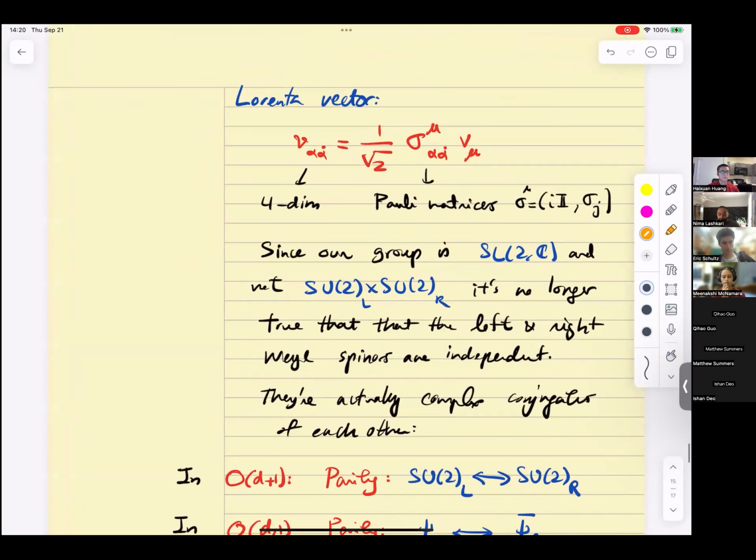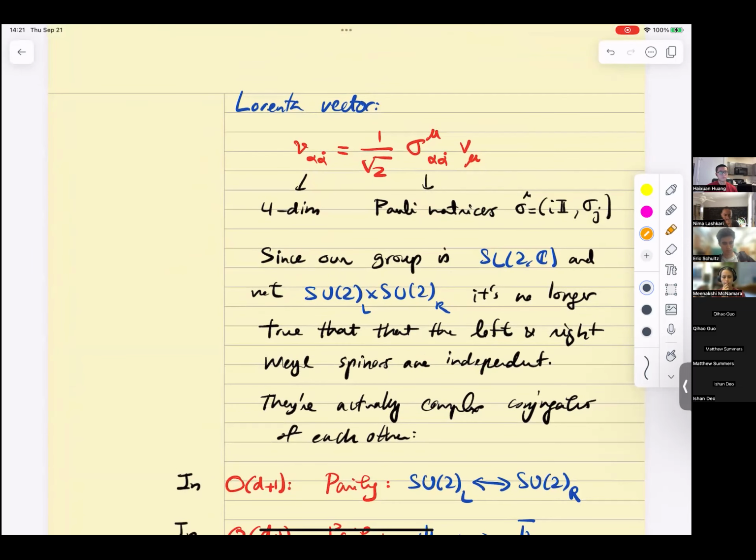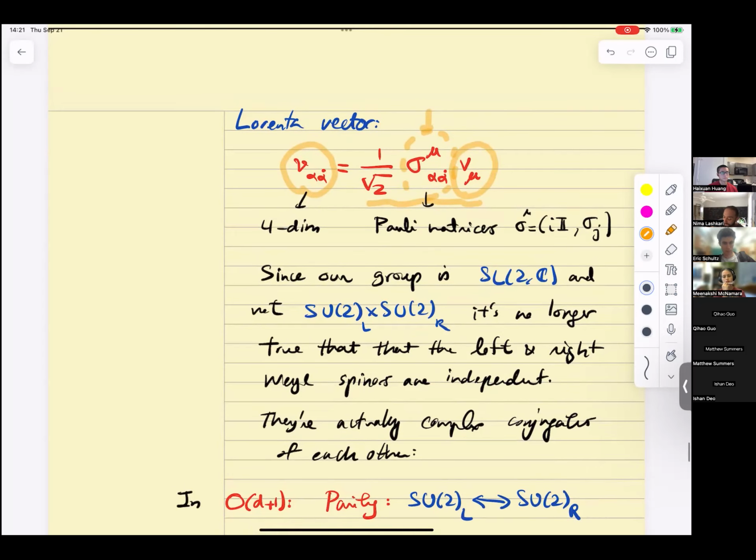All right, now let's focus on this Lorentz vector. If you want to go in between the standard Lorentz vector, V mu, and this funny way of writing the Lorentz vector, there is a way to write them in terms of each other by just working out the representation theory. And this is what sits in the middle. These are Pauli matrices organized this way.